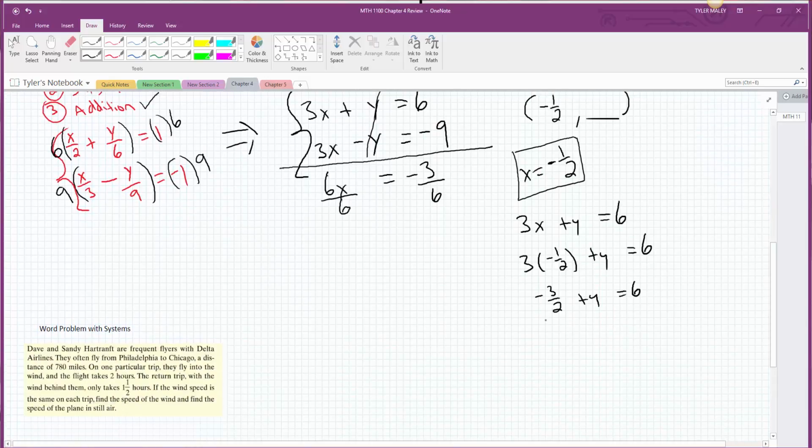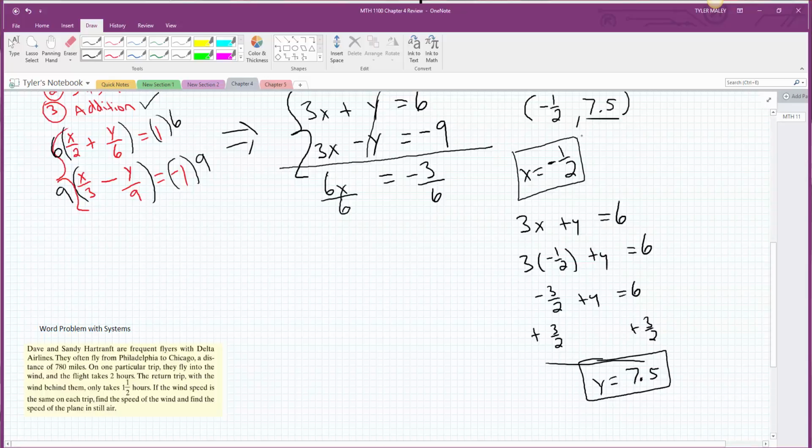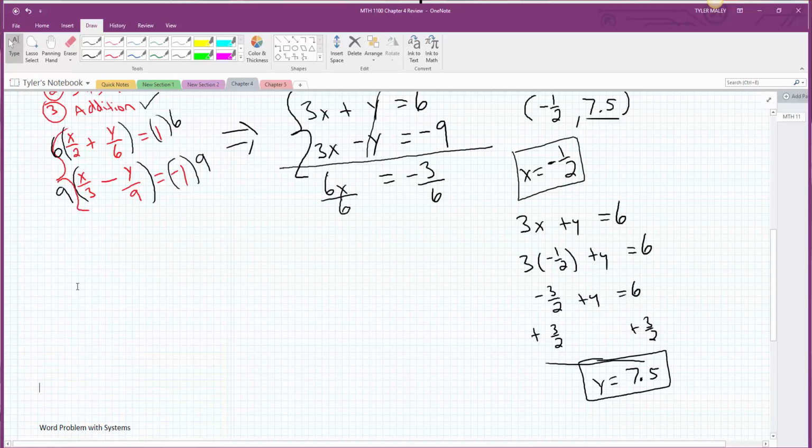Then I add 3/2 to both sides. That gives me y equals 7.5. So there's one way to do this, using the addition method.